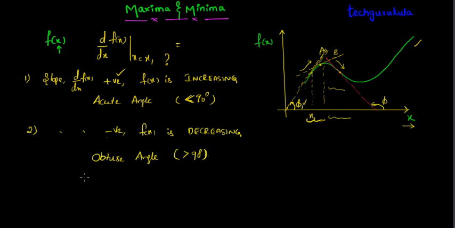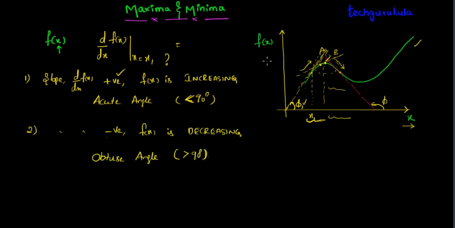Now the slope has changed from positive to negative. There should be a point in between where the slope will be 0, right? If you look carefully here, there is a point where, to the right side, the value is lesser than this point, and to the left side the value is also lesser compared to this point. So this point is the highest in that particular local region.